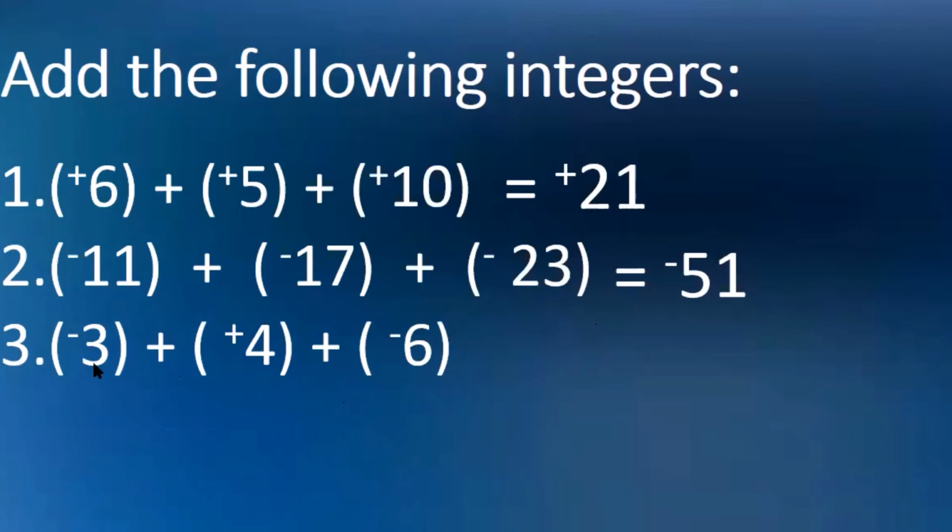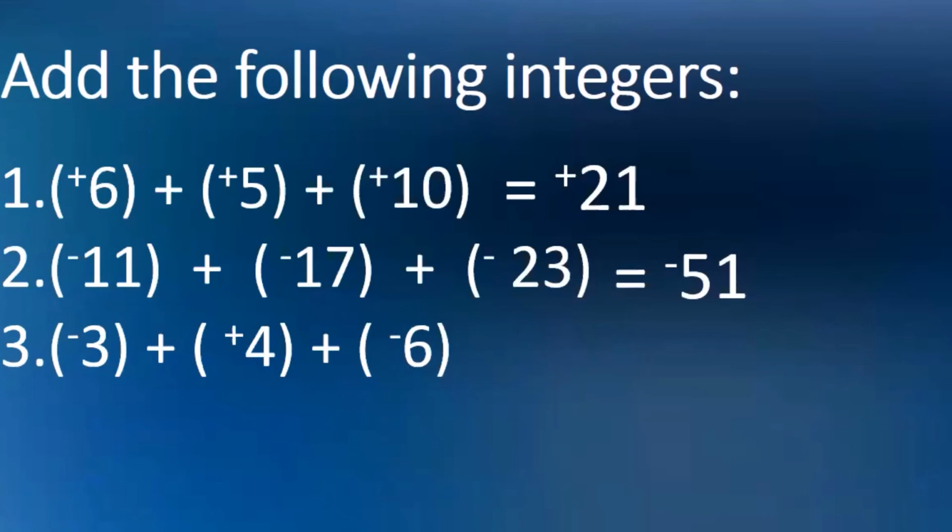So, negative 3 plus positive 4 plus negative 6. Negative 3 plus negative 6, negative 9. Negative 9 plus 4, 9 minus 4 is 5. And 9 is the bigger number. So, what is the sign of 9? Negative. Therefore, the sum is equal to negative 5.